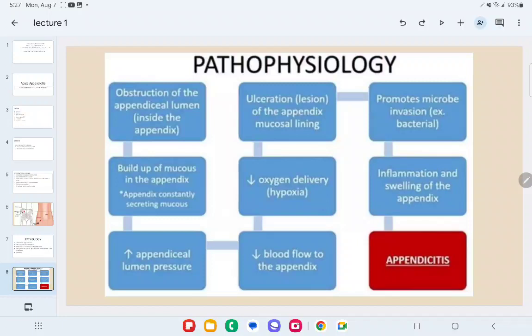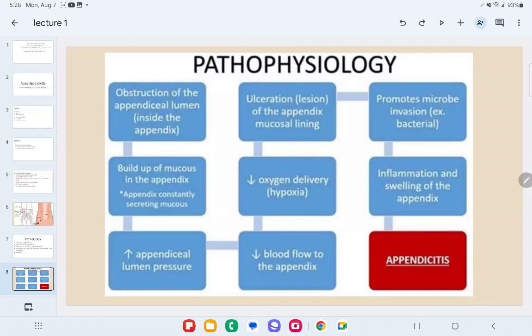This obstruction will make the pressure in the lumen build up, and the pressure inside the appendix will increase, and this will jeopardize the blood supply to the appendix and lead to ischemia.